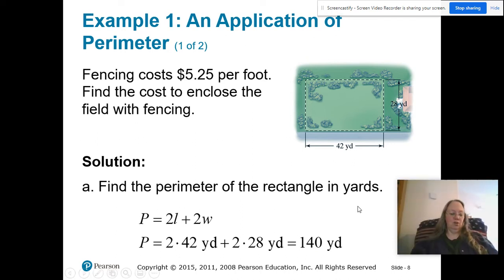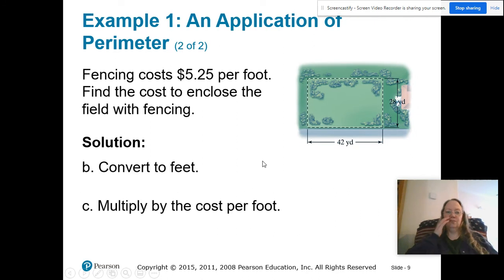So we have to change 140 yards and convert it to feet. If you were not aware, there are 3 feet for every yard. A couple different ways we can set this up. Since we know that there are 3 feet in every yard, we could multiply that. I'm going to use a calculator because I'm being lazy. 420 feet.